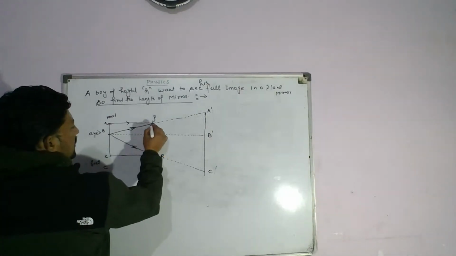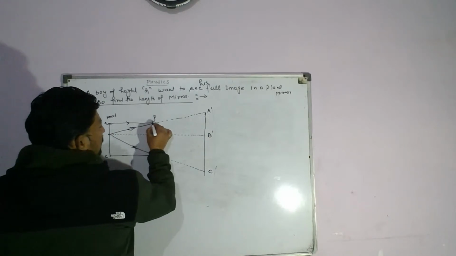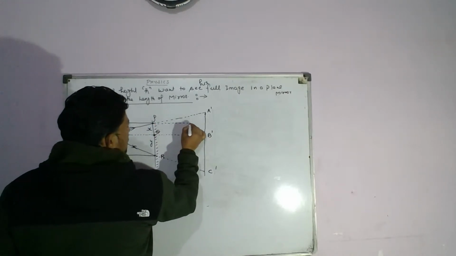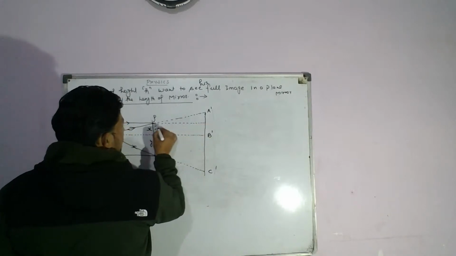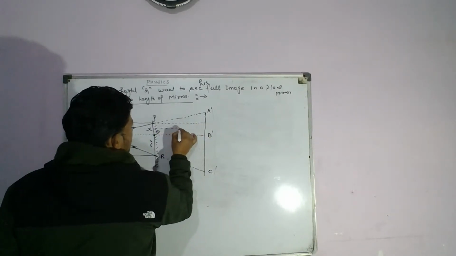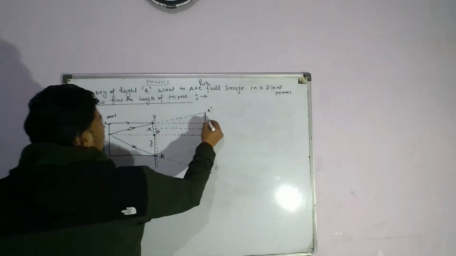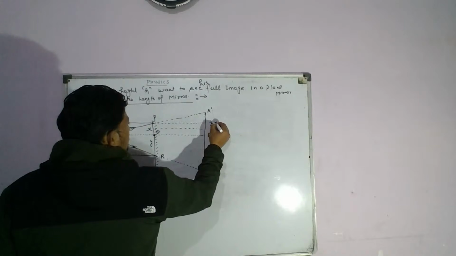Understand the concept. If this distance is X, then this distance is also X, so A to B, the total distance, is 3x.